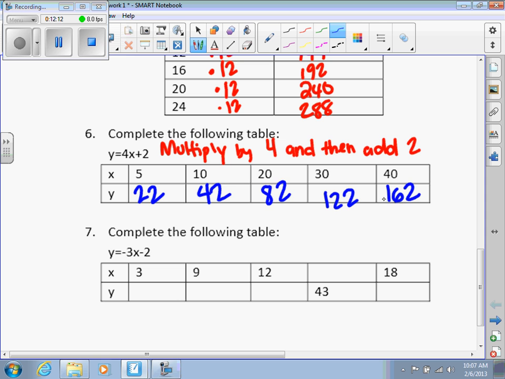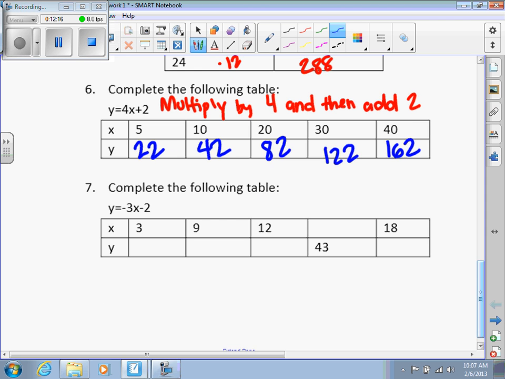You understand that? Okay, so what's this one telling me to do then? On number 7. Multiply by what? By -3. And then do what? Subtract 2. Write that down.